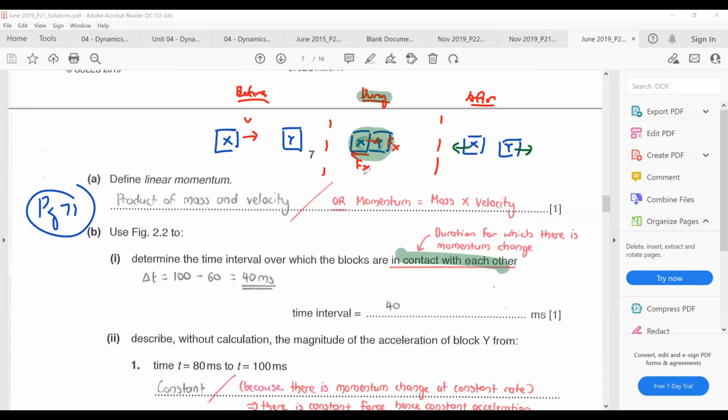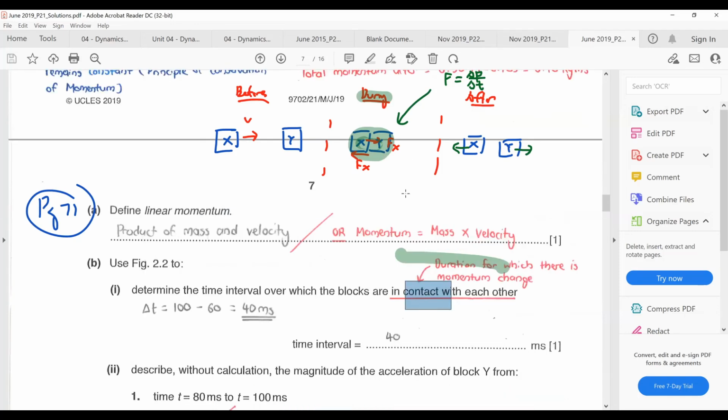So when they were in contact, they're exerting forces on each other. There will be momentum change. All right. So because force is equal to rate of change of momentum, when you have force being exerted, you will have momentum change.